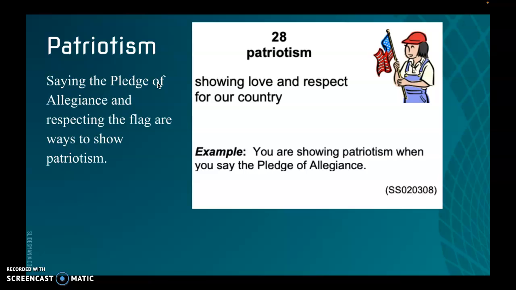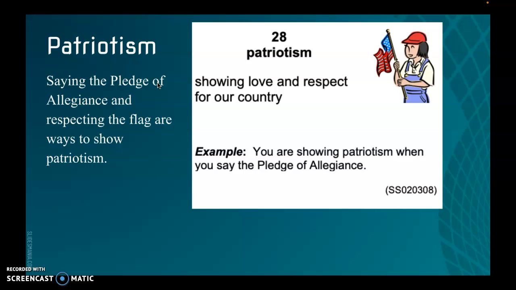Everyone say patriotism. Good job. Let's say it one more time. Patriotism. So patriotism is showing love and respect for our country. Again, repeat after me. Patriotism, showing love and respect for our country. Saying the Pledge of Allegiance and respecting the flag are ways to show patriotism.